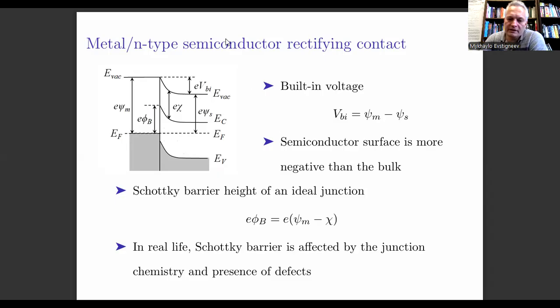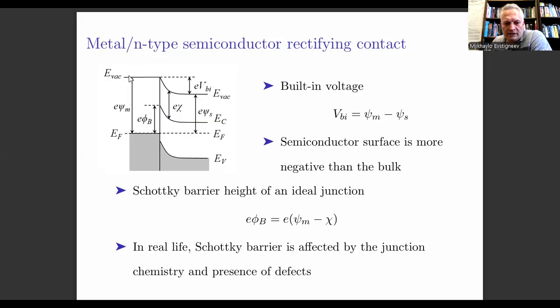Now, by examining the energy band diagram, we can figure out the size of the Schottky barrier. That is, this barrier is the energy that an electron needs to overcome in order to make it from the Fermi level on the metal side to the conduction band in the semiconductor, right?